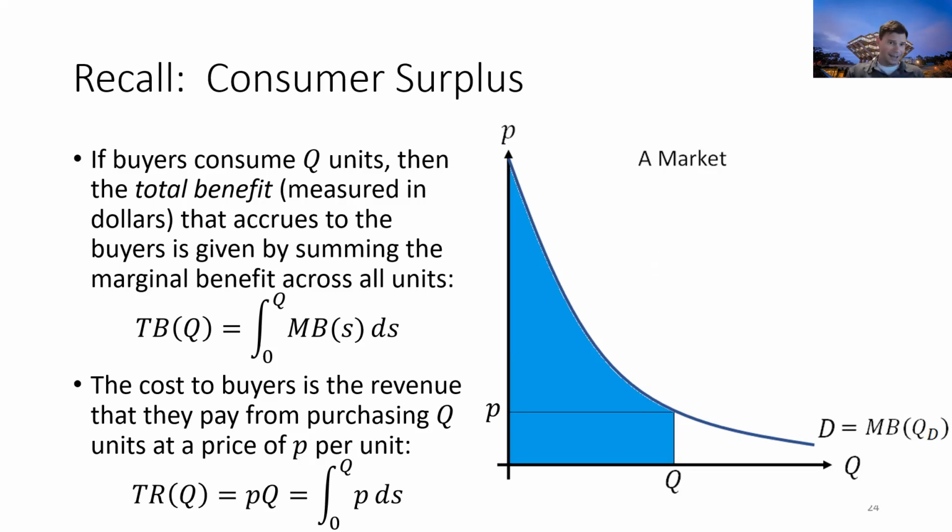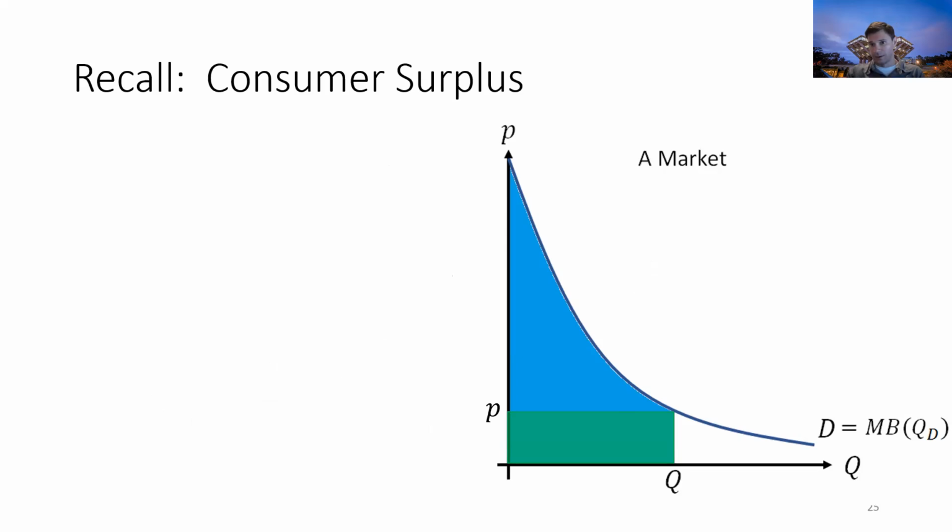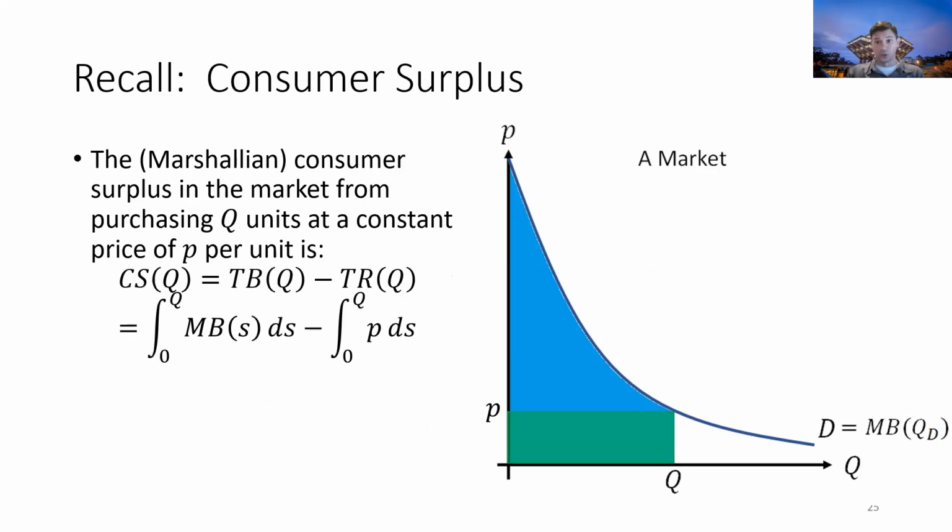So the way we get consumer surplus is we take the total benefit in blue and subtract out how much the consumers actually paid. What we're left with is that Marshallian consumer surplus: the difference between the marginal benefit and the price on each unit, added up over each unit.